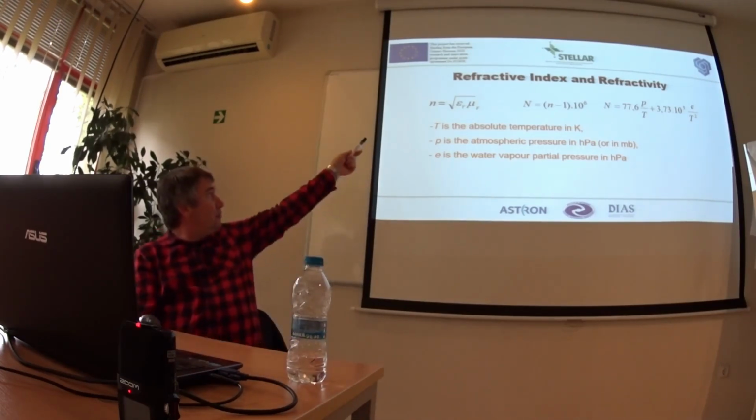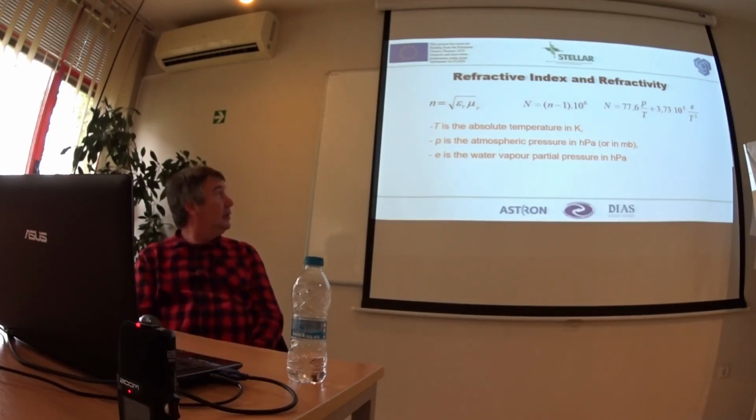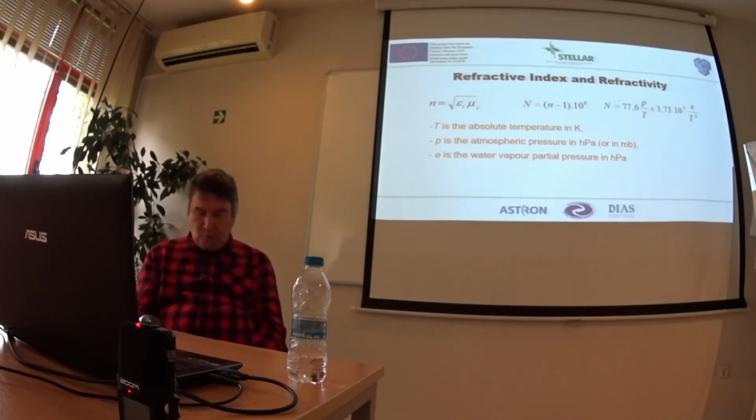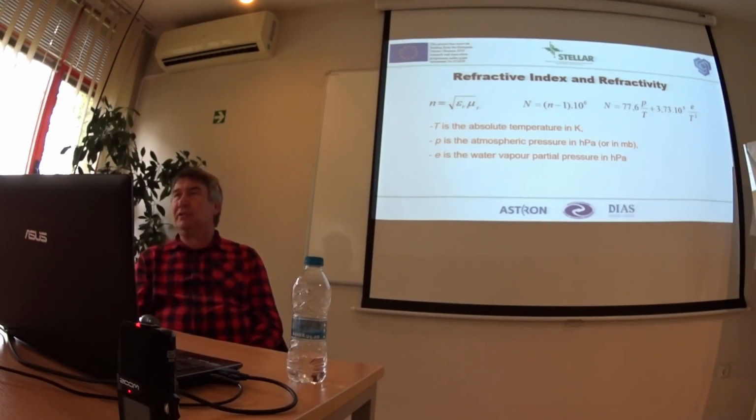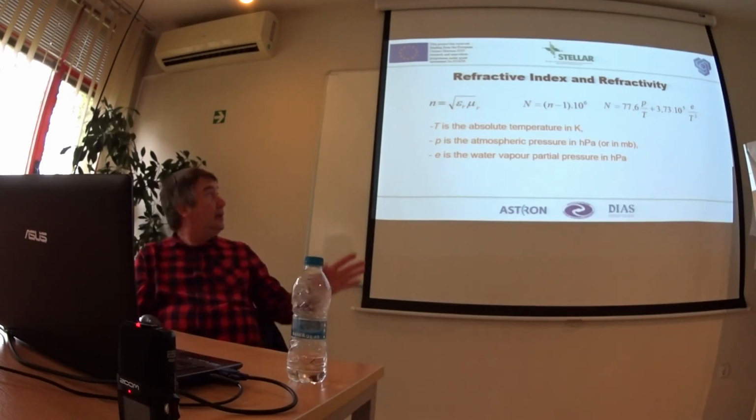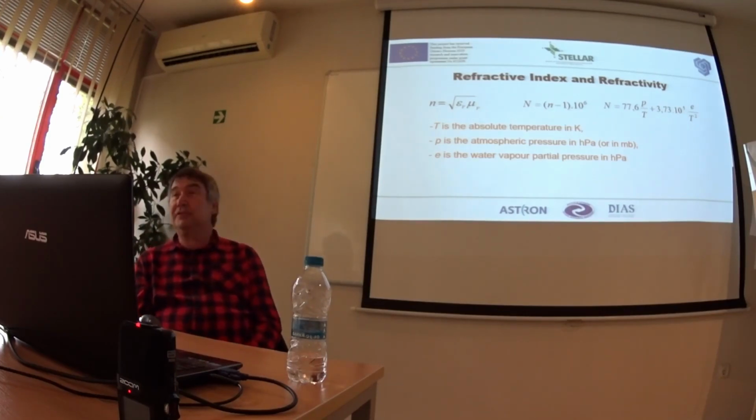This is n, and it is the square root of dielectric constant multiplied by magnetic constant, and because for the air the relative magnetic constant is 1, it is the square root of the dielectric constant.